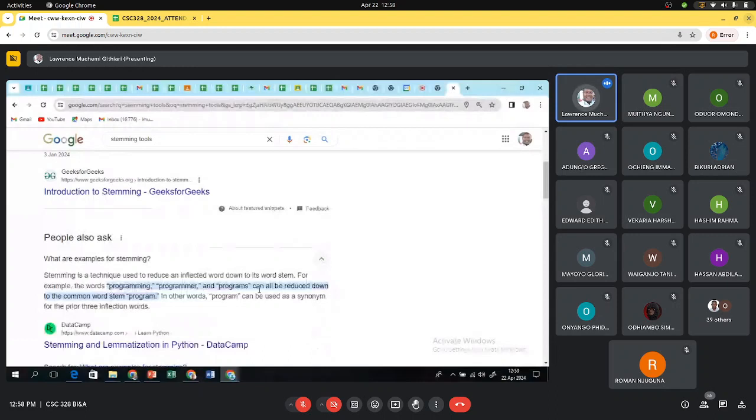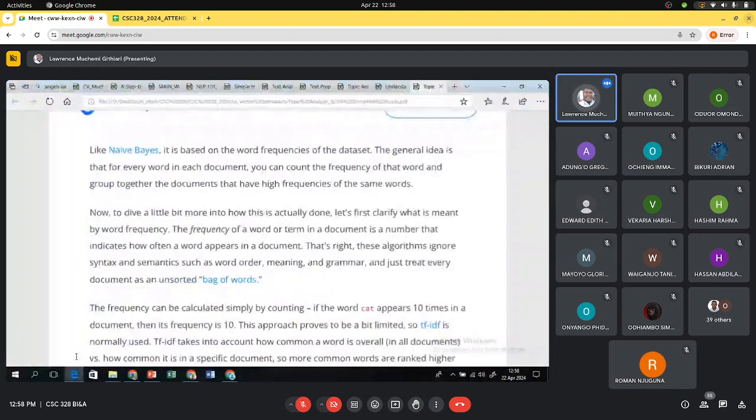So you can use a stemmer. Another thing I should have mentioned is that you should remove all what you call stop words. Stop words means the common English words like is, at, in, that, these, such as.